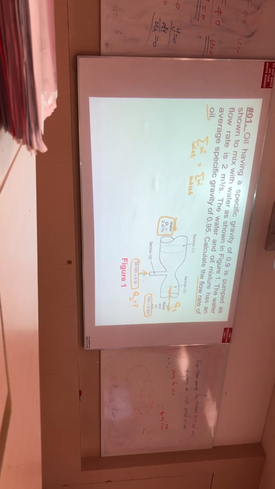Correct? So what can I write from there? I can write m dot 1 plus m dot 2 is equivalent to m dot 3. Can I write this? You agree? No problem.